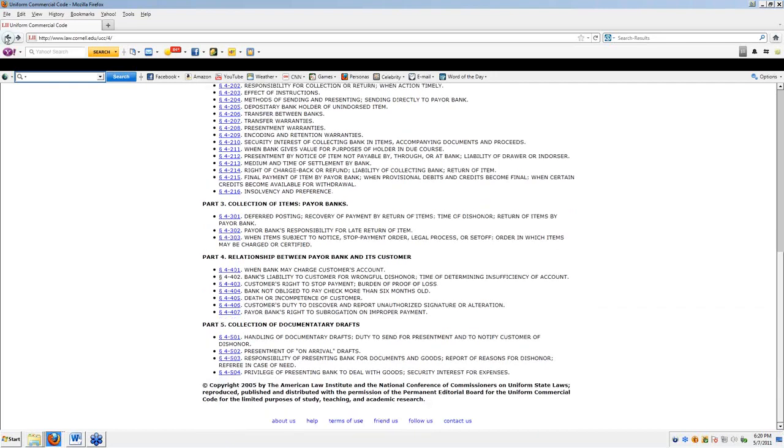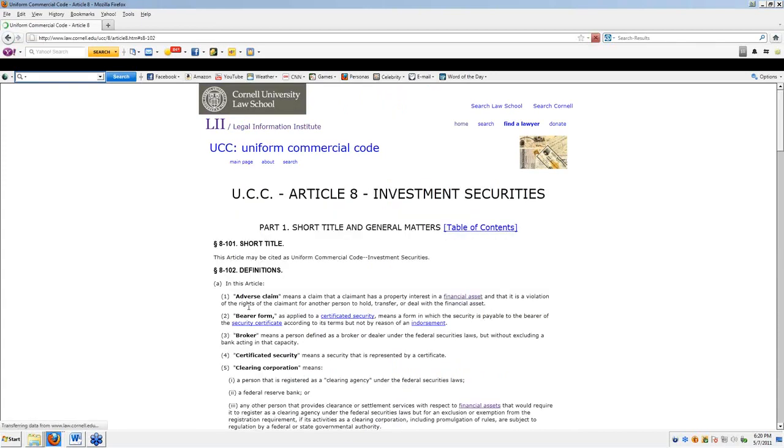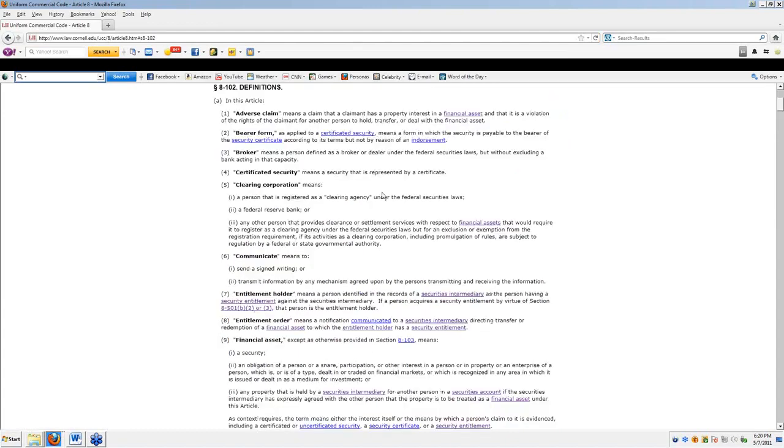And what does it say? What does that say? Read that. Adverse claim means a claim that a claimant has a property interest in a financial asset and that it is a violation of the rights of the claimant for another person to hold, transfer, or deal with the financial asset.